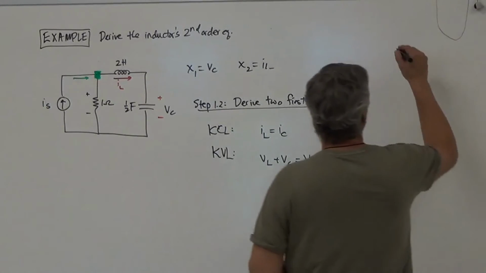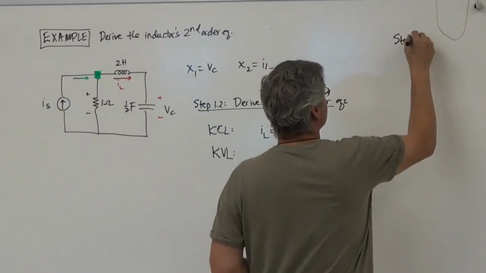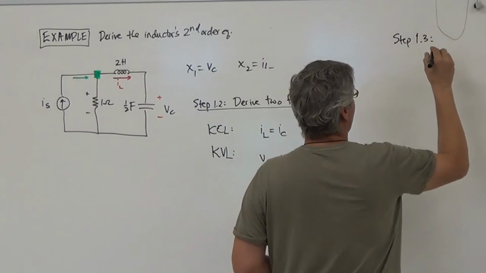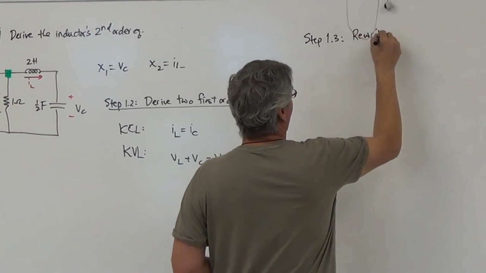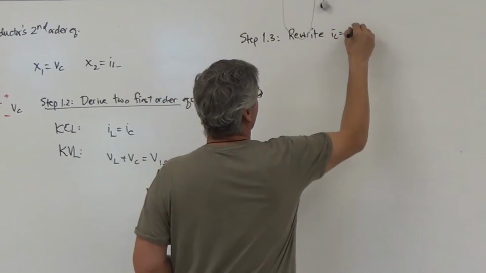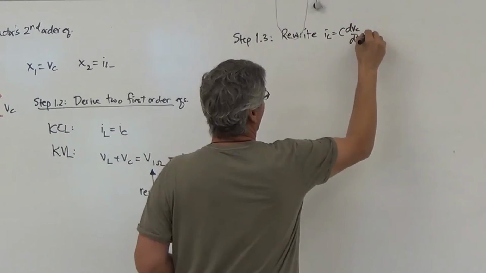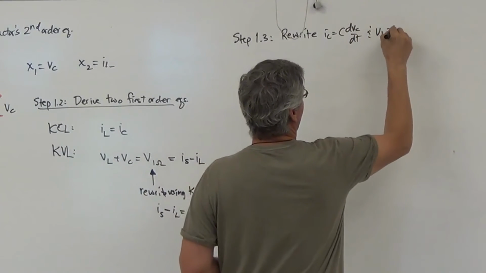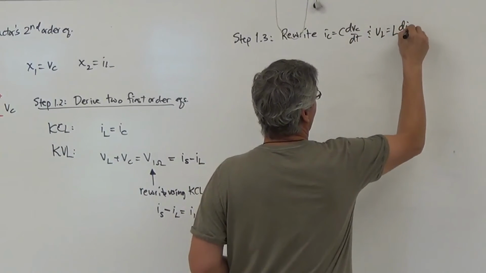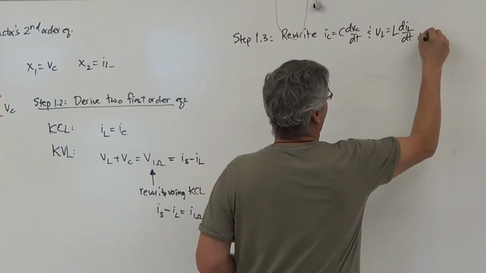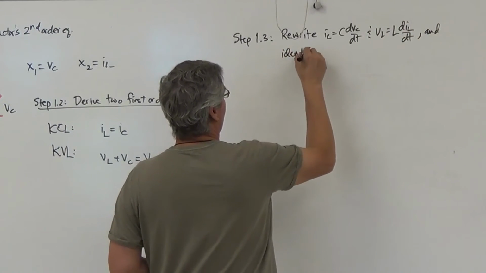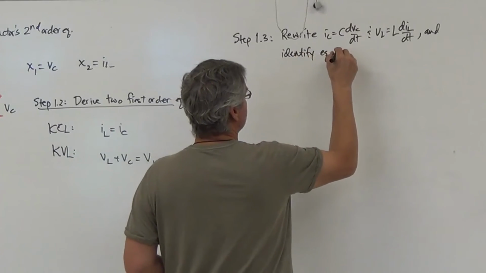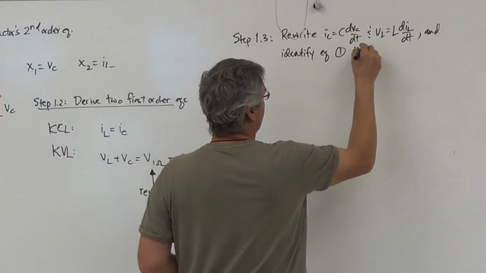So then I'm going to come over here and do step 1.3, and rewrite IC and VL as follows, and identify equations 1 and 2.